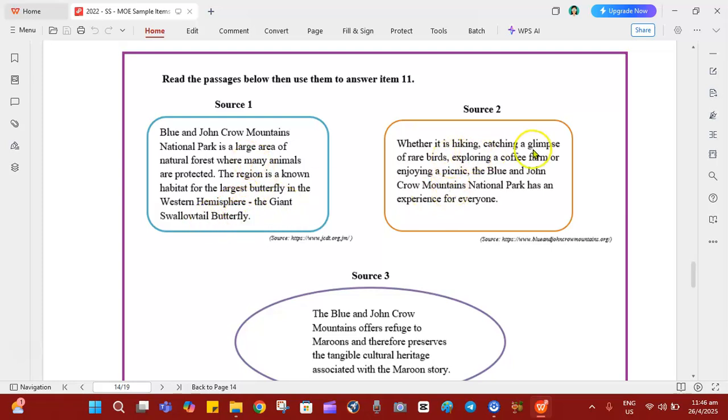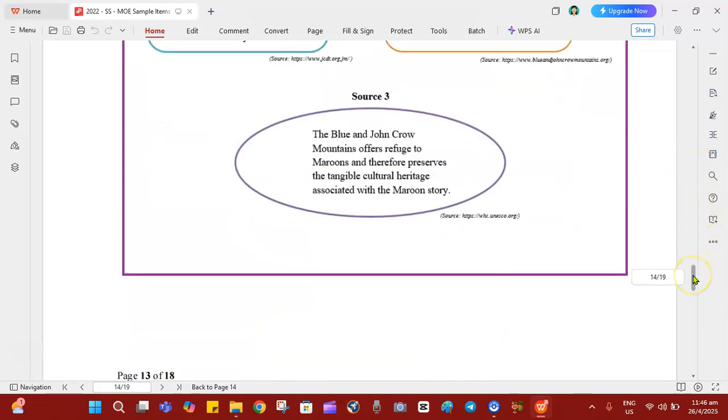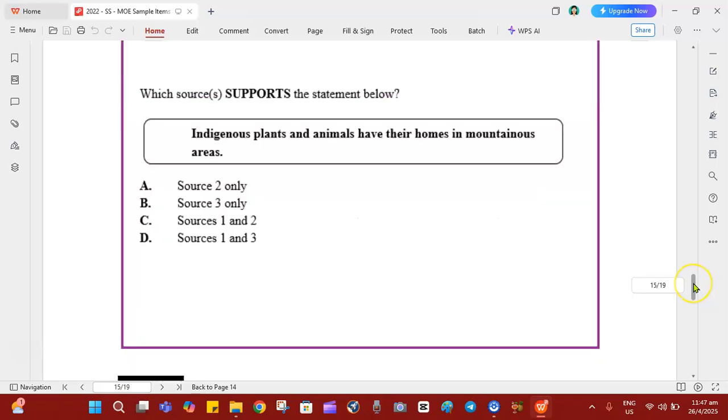Over to source 2: whether it is hiking, catching a glimpse of rare birds, exploring a coffee farm, or enjoying a picnic, Blue and John Crow Mountains National Park has an experience for everyone. Source 3: The Blue and John Crow Mountains offers refuge to Maroons and therefore preserves the tangible cultural heritage associated with the Maroon story.